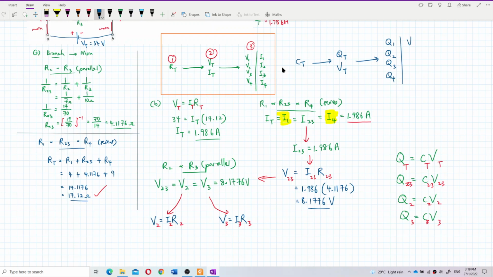The same thing like resistor now. I just want you to see the pattern. Once you know the pattern, it's easy.